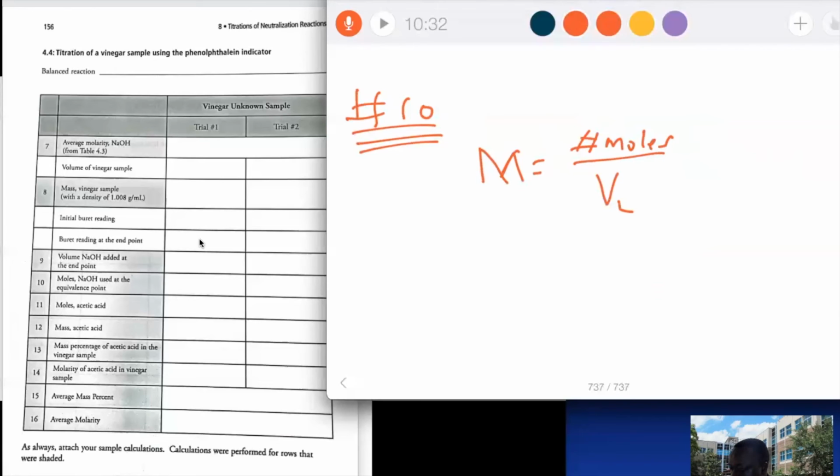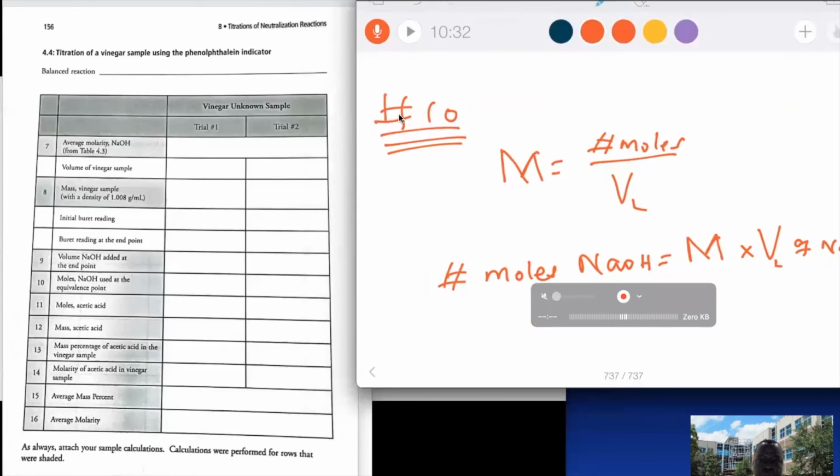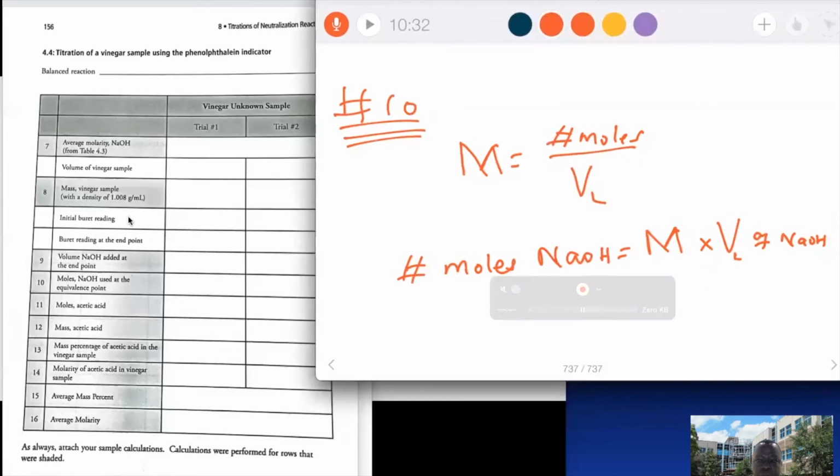This means the number of moles of NaOH equals the molarity of NaOH times the volume in liters of NaOH. That is what you need to remember, that is how you are going to get the number of moles of NaOH. We calculated that, this is line 7 right here.